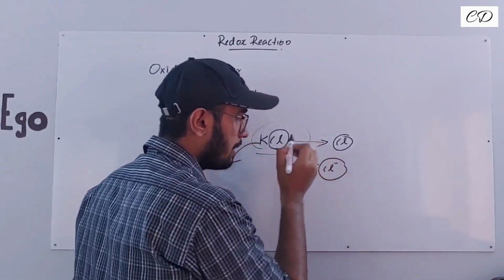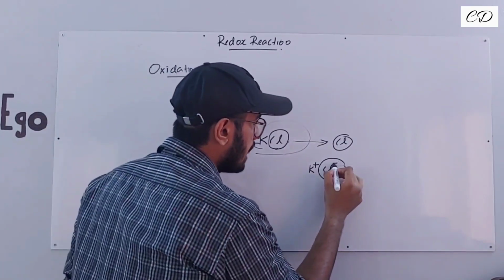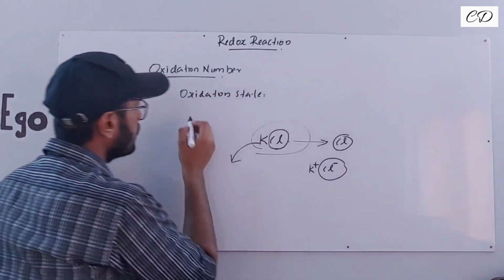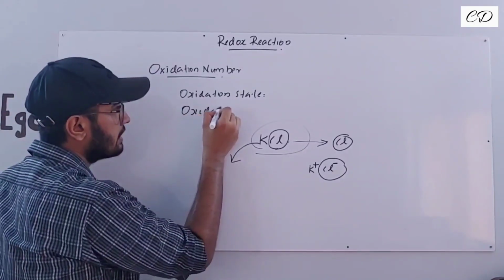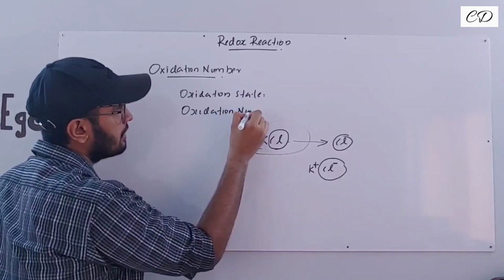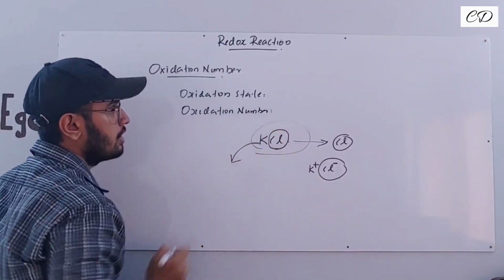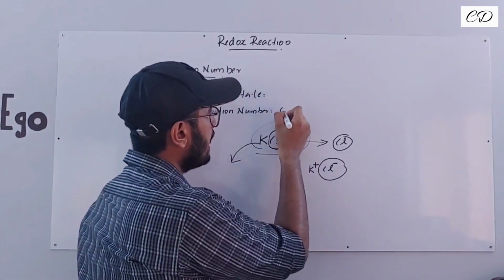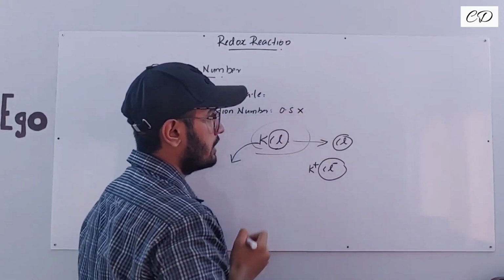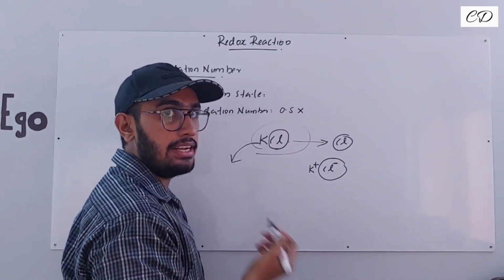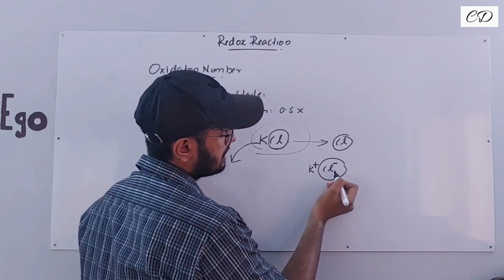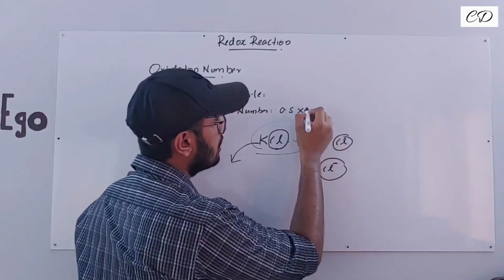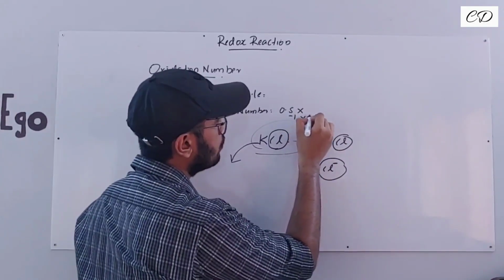So the Cl minus charge is the oxidation state. Oxidation number means the oxidation state times the number of atoms in that molecule. Potassium chloride has only one chlorine atom, so it is -1 into 1.